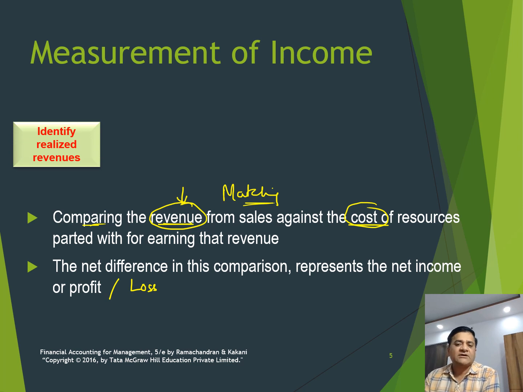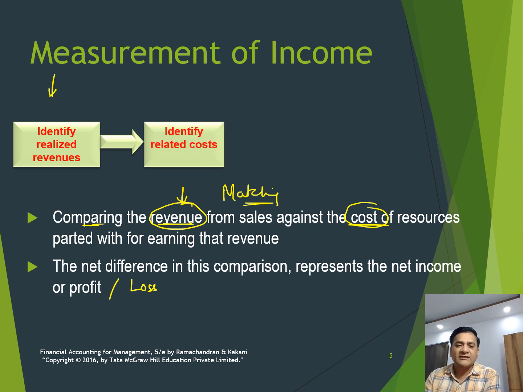So how does it work? What does the income statement or P&L account do? It identifies the realized revenues, as to what revenue has been generated during the year from various activities performed by the organization. Then it sees what are the expenses that have been incurred in order to generate this revenue, right?